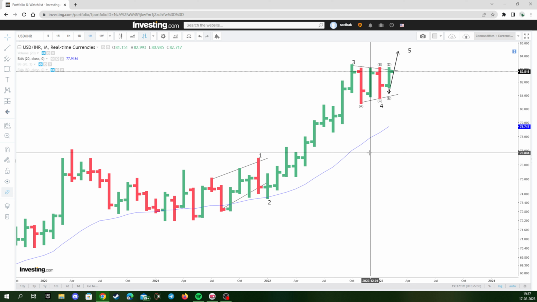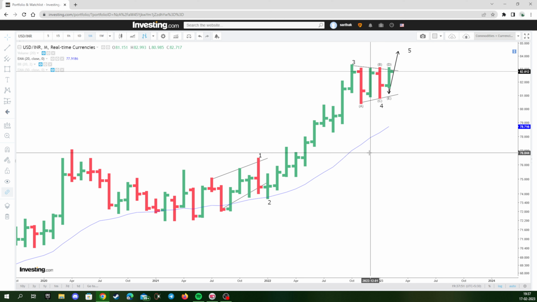So I'm open to trade or to watch the markets in this zone, and maybe if it starts to cross above this level, we would need to switch from the alternate approach to the primary approach, wherein we would start to assume that fifth wave is already in progression.